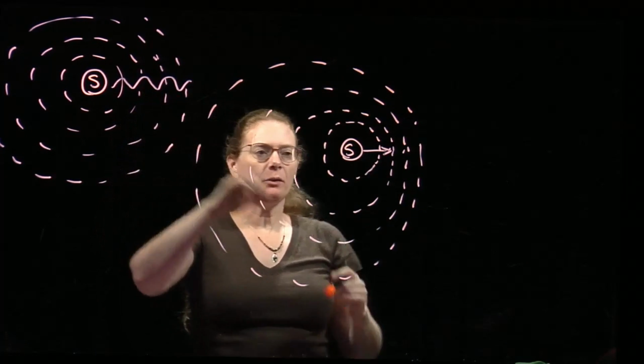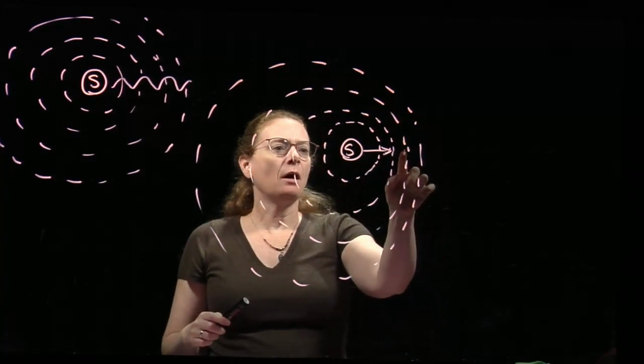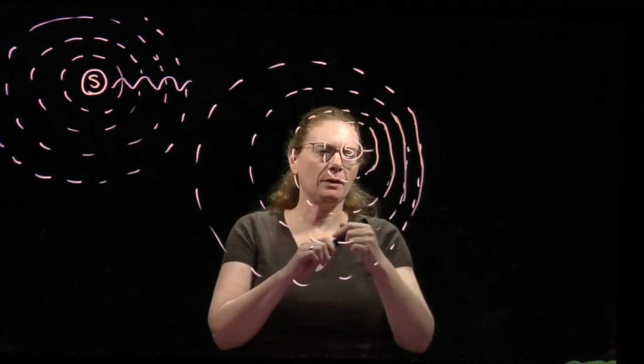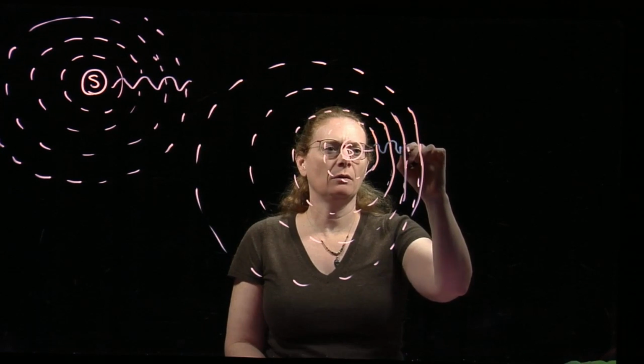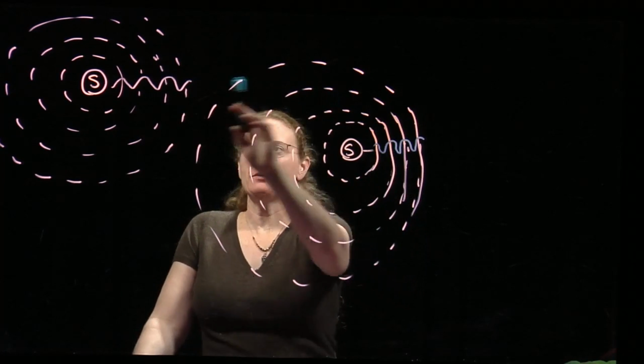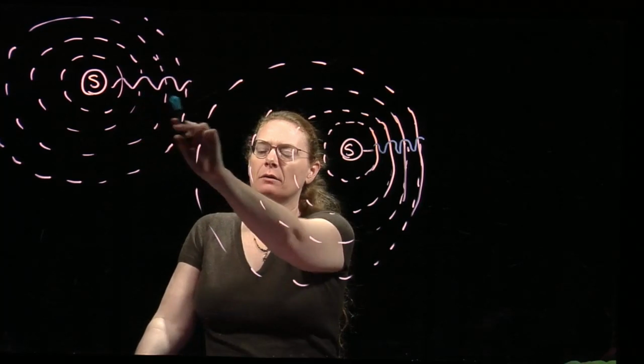Now remember that these circles are all representing the peak of the wave. Each of these is the peak of a wave. So peak, down, peak, down, peak, down, peak. How does the wavelength of this wave compare to the wavelength of that one? And remember, wavelength is from peak to peak, so it's really the distance between the lines.